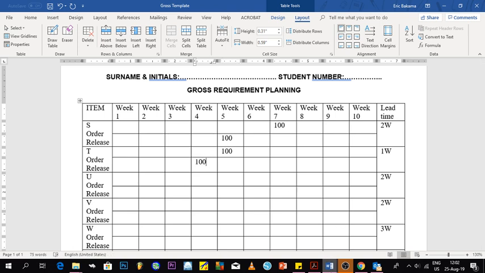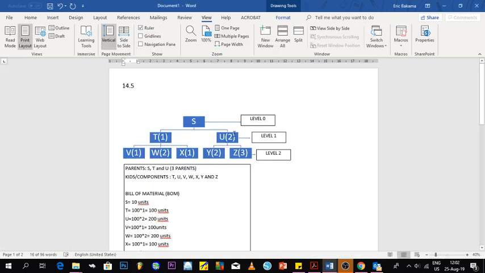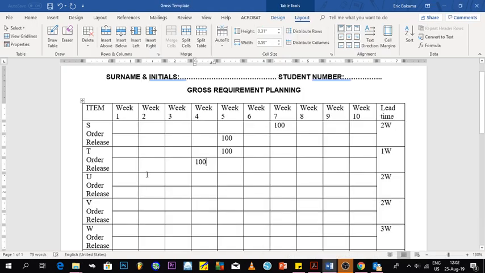We do the same thing for the other component, which is U, that is coming straight from S, but it is 2. That means for us to get 1 S we need 2 U.